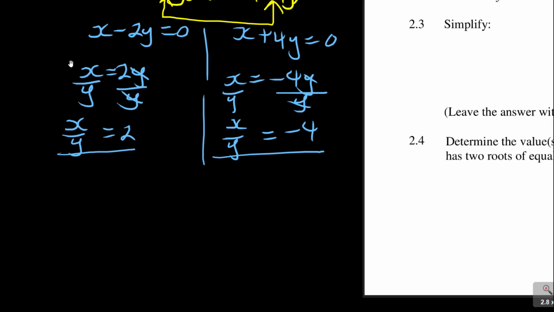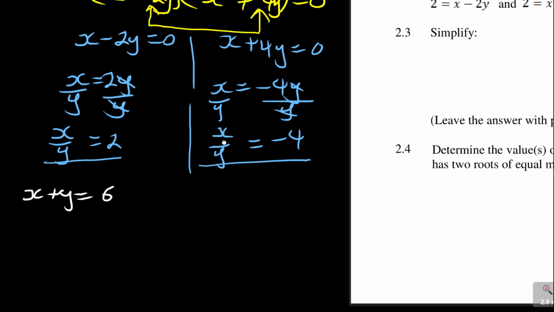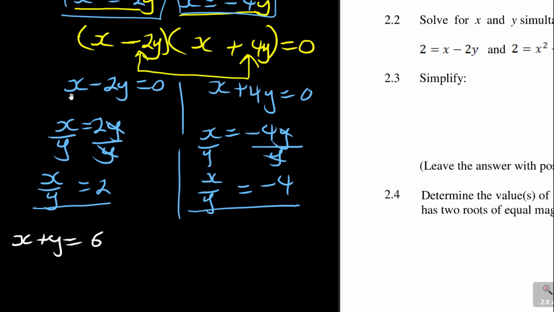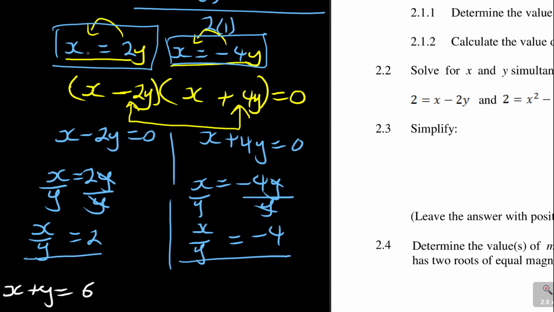So let me write this to say, here we have x plus y is equal to 6. But don't forget, we have these ratios, x over y is equal to 2 and x over y is equal to minus 4. Or you can focus on this part: x is equal to 2y or x is equal to minus 4y.